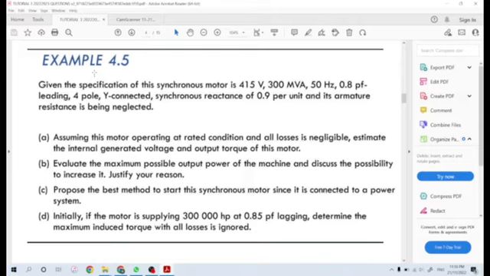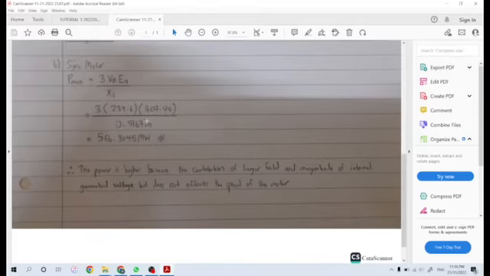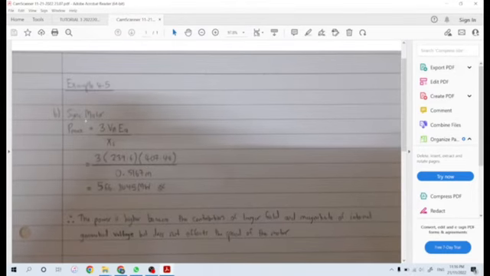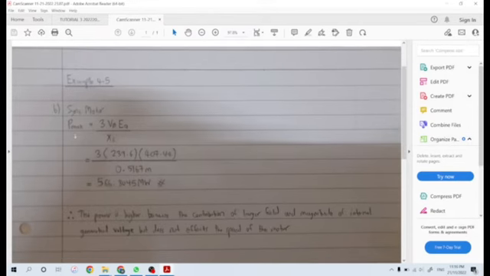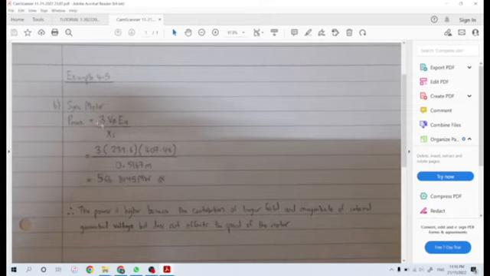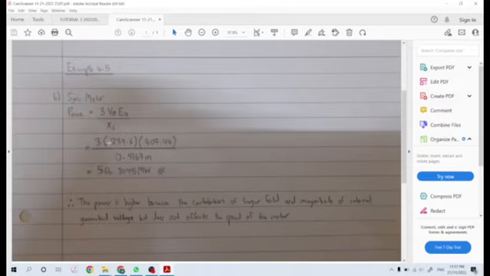I will continue with the question from example 4.5 for B. Evaluate the maximum possible output power of the machine and discuss the possibility to increase it and justify your reason. Okay, this is my solution for question B. I use this formula from power flow comparison: Pmax equal to 3 V phase times EA over XS.